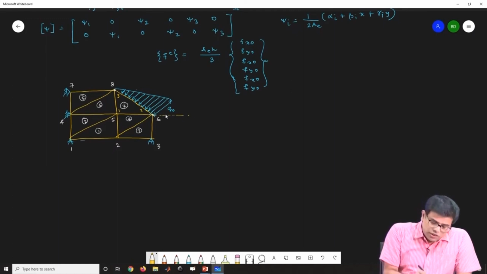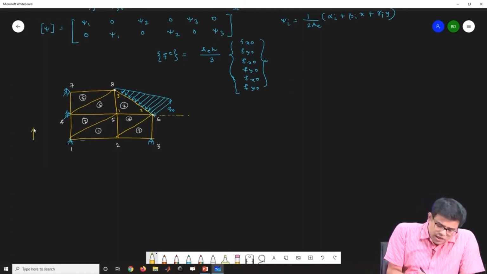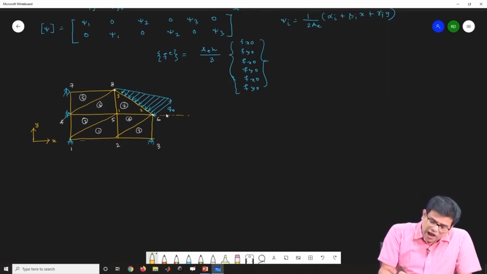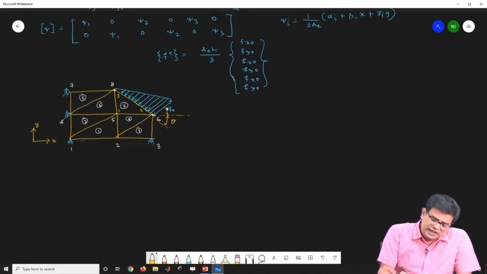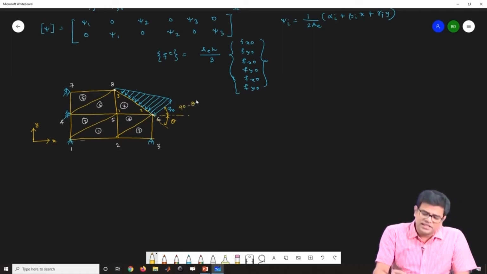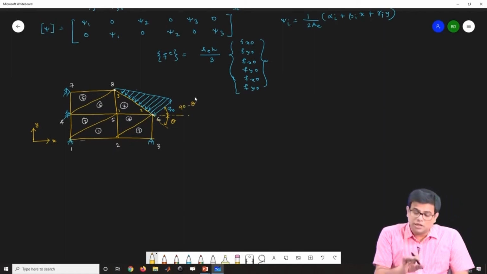This is also my global coordinate system, the xy system. If I take this angle as theta, then this angle is 90 minus theta. So with this 90 minus theta, it is inclined with the global traction.